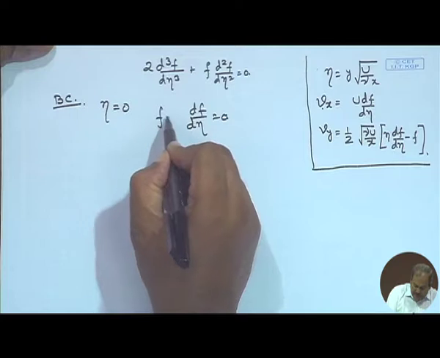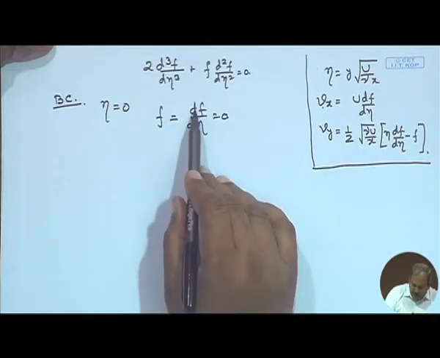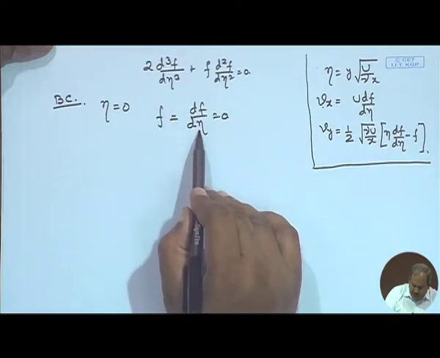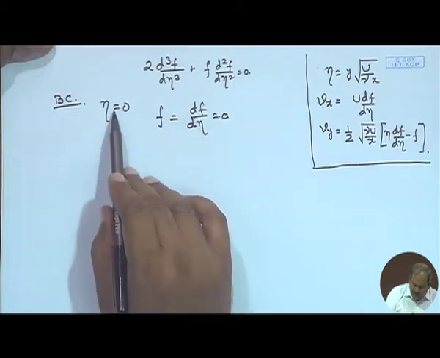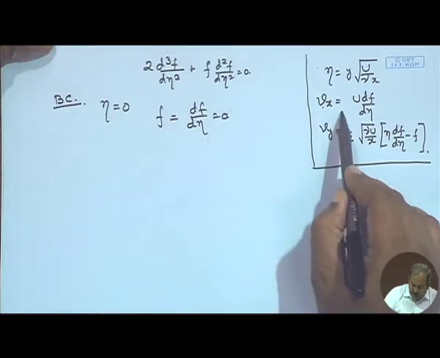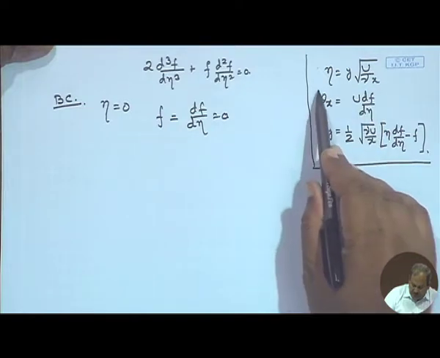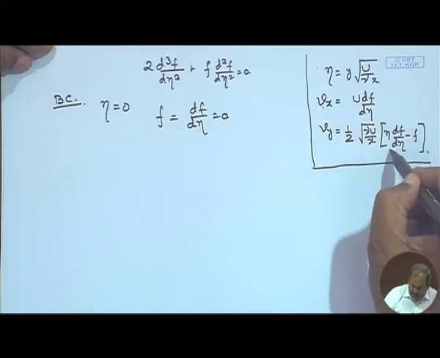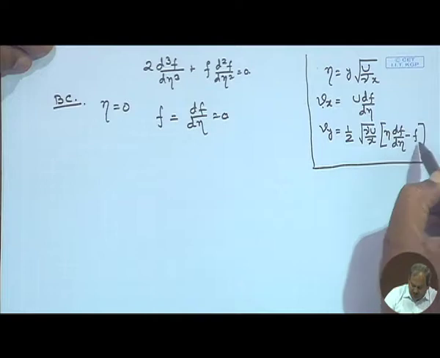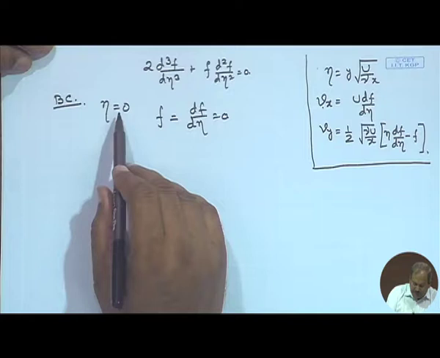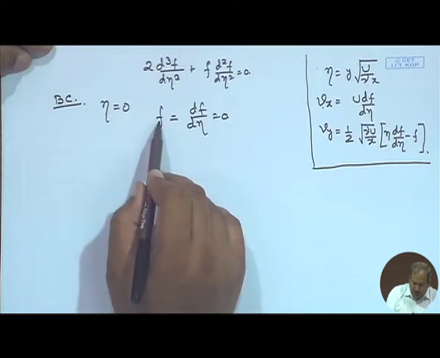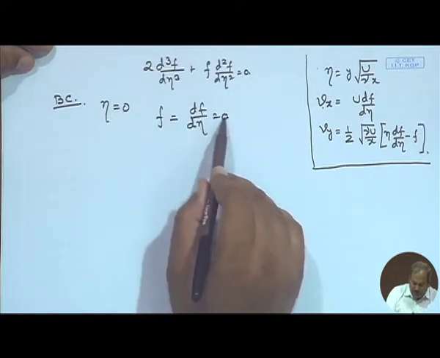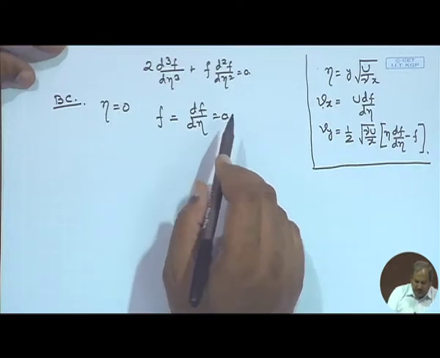The gradient of f with respect to eta is 0 at eta equals 0, which can be seen directly from the expression of Vx, and the requirement that Vy will also be 0, since df d eta is already 0, means f must also be 0. So the no slip boundary condition would be f equals 0 and df d eta also equals 0.